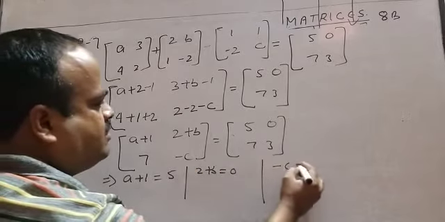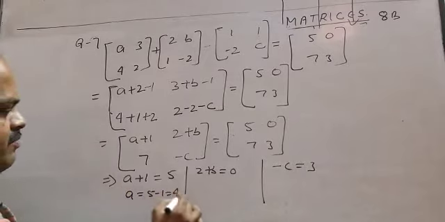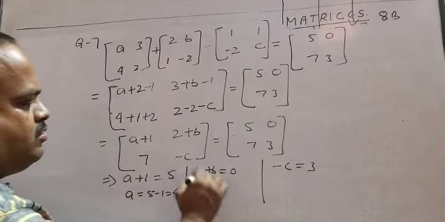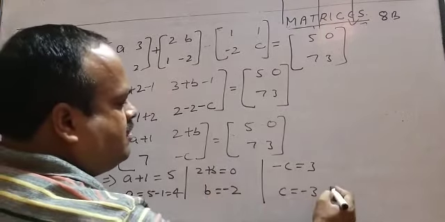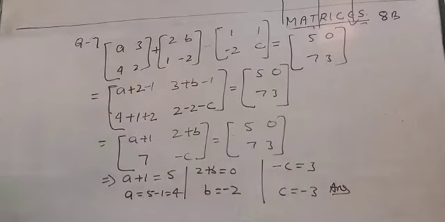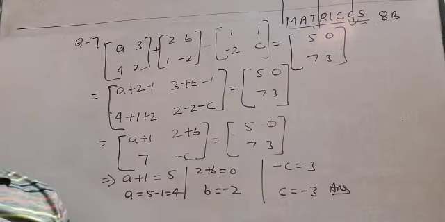Minus c is equal to 3. So this gives us a is equal to 5 minus 1, 4. b is equal to 0 minus 2, minus 2. And c is equal to minus 3. So we have got the values of a, b and c.